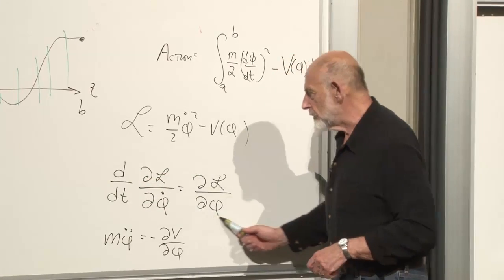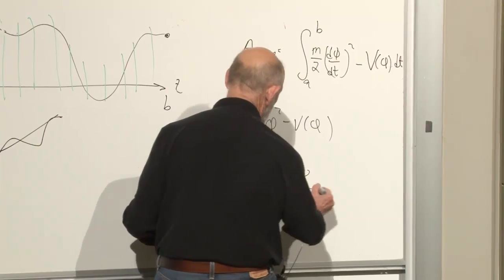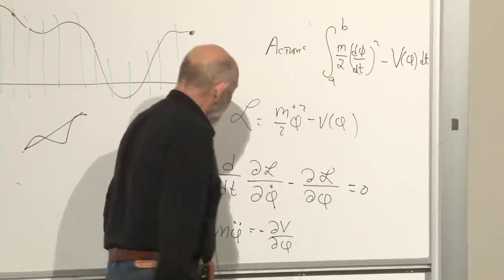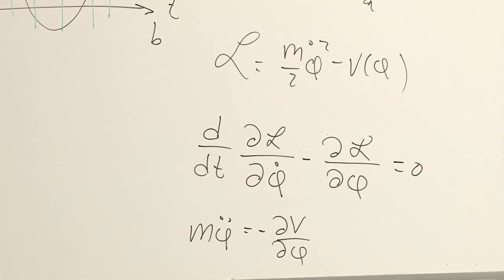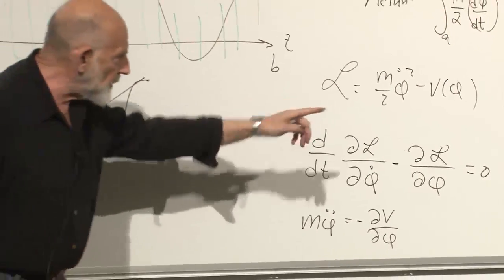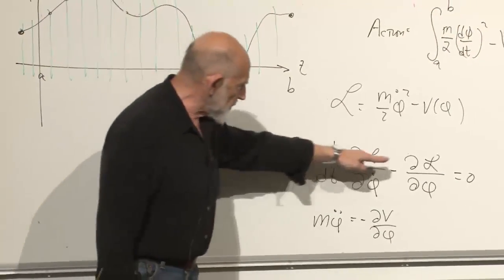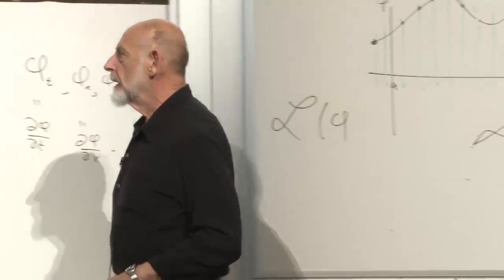The Euler-Lagrange equations, in fact, written in this form here, minus this equals 0, is basically the equation which says differentiate the action with respect to phi at each point and set it equal to 0. That's what this was doing. Took a few steps. We worked it out.